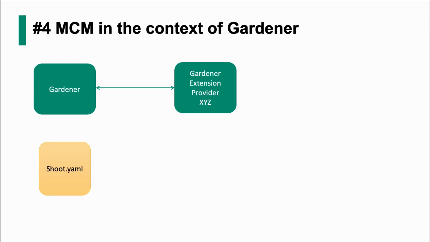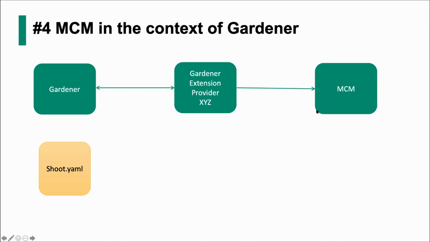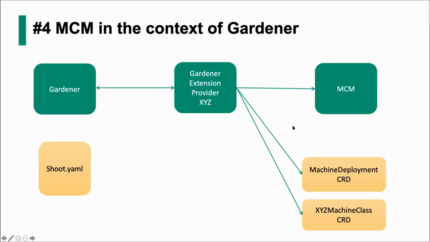Based on the cloud provider on which the seed is created, we would deploy the Gardener extension provider of that particular cloud provider, which would in turn deploy the control plane of the shoot cluster. And the control plane typically includes MCM and its associated CRDs. So this is how in-tree MCM would work with Gardener.